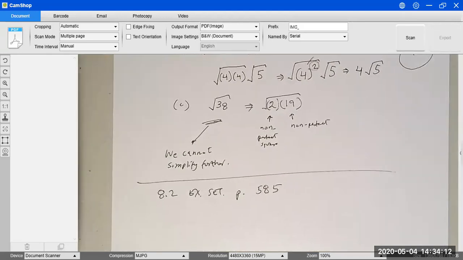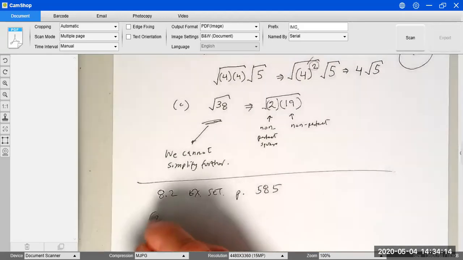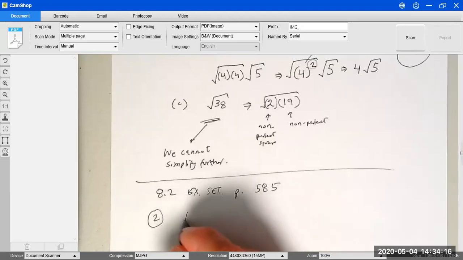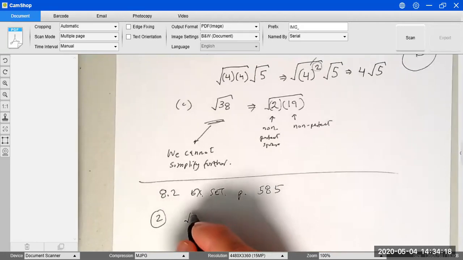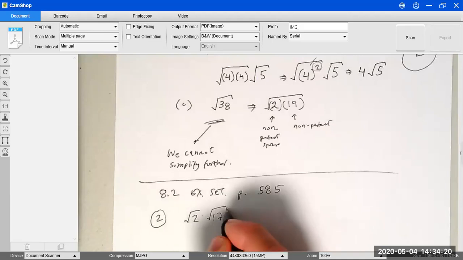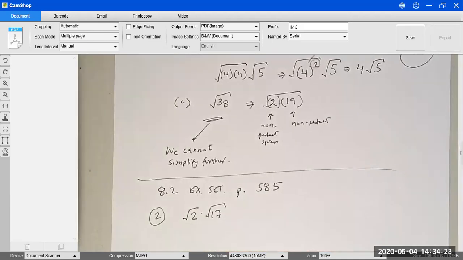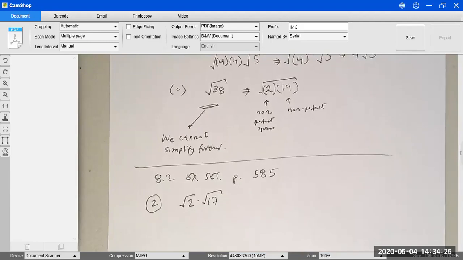So first you're going to multiply. So we have problem 2, the square root of 2 times the square root of 17. And don't forget simplifying the final radical if possible.